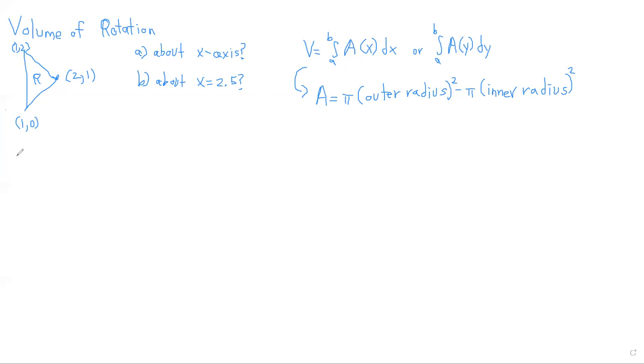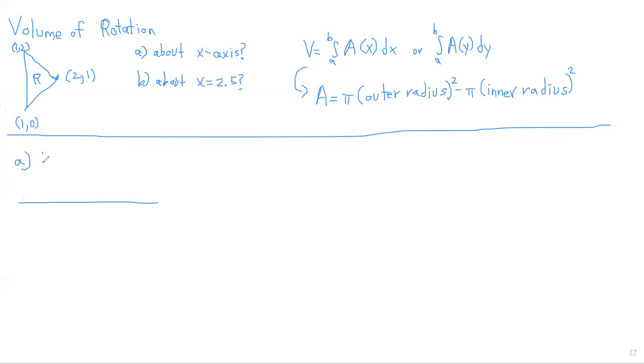So let's tackle each situation separately. I'm going to draw a separate line here. Rotated about the x-axis. So let's draw the line here. So it's rotated like this.